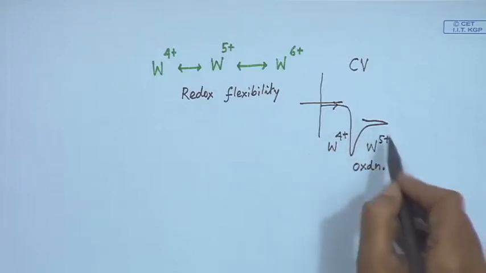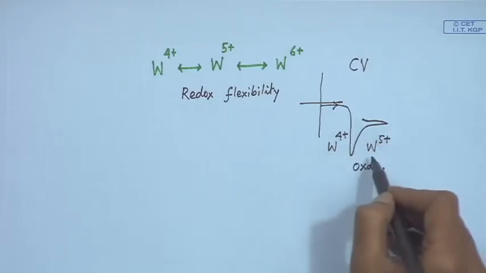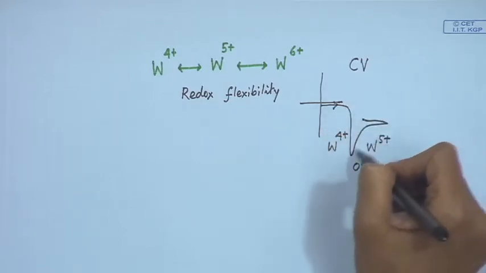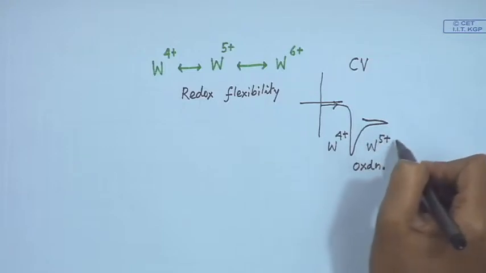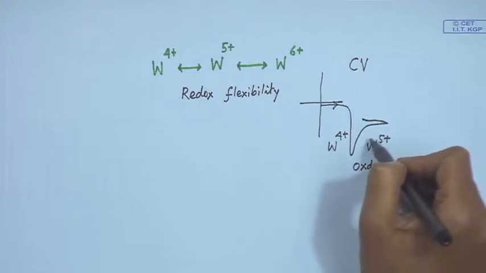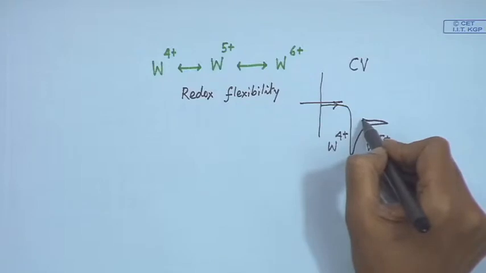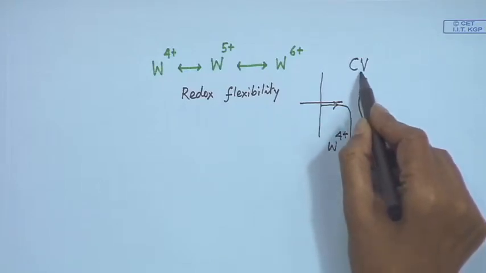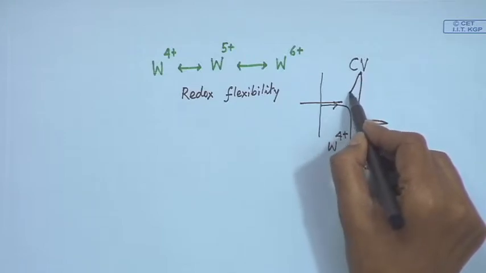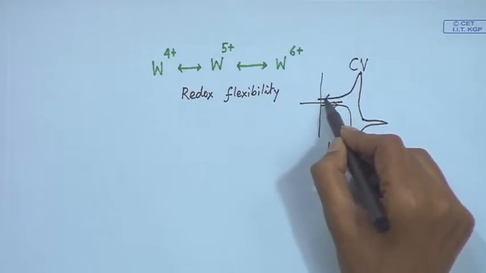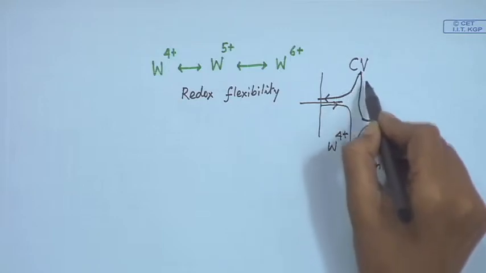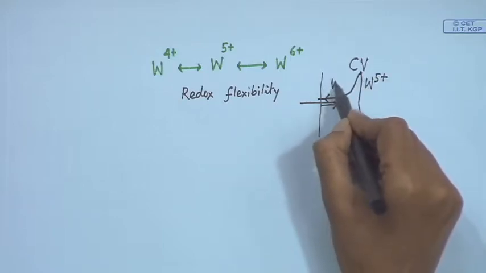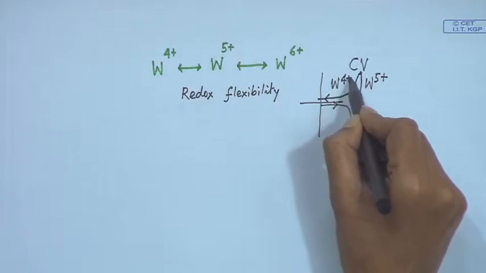So, there would be some interconversion between these two oxidation states, and this particular technique is very useful to know how stable this oxidized form, that means tungsten 5, is. So, we switch back, the scanning is reversed such that we get a corresponding signal for the oxidized form. So, this is basically tungsten 5 plus reduced back to tungsten 4 plus.